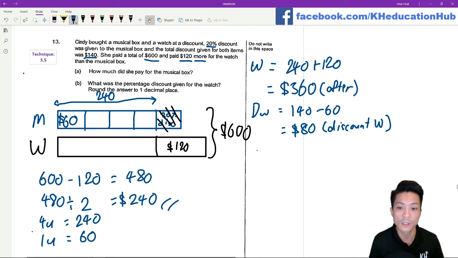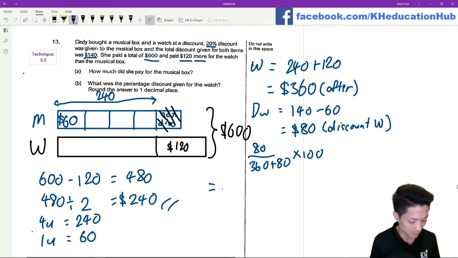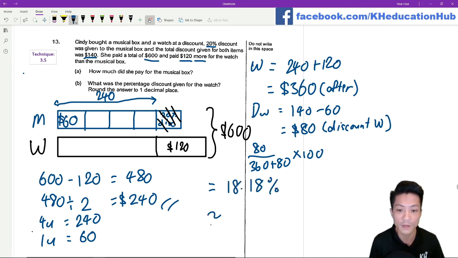To find the percentage discount, we need to use the discount divided by the original price, which is 360 plus 80, and then we're going to multiply it by 100. This is going to give me 18.18%, and if I round it off to 1 dp, it's going to be 18.2%.